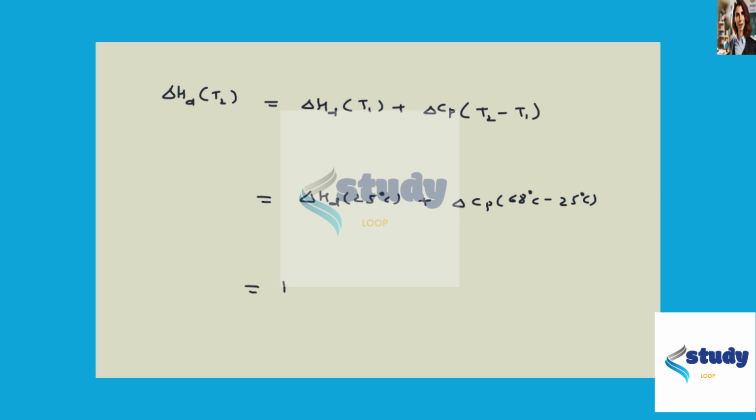So it will be equal to 10 kcal per mole plus 1650 cal per mole per degree centigrade multiplied by 43 degrees centigrade.